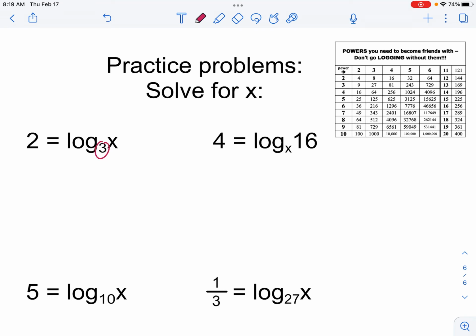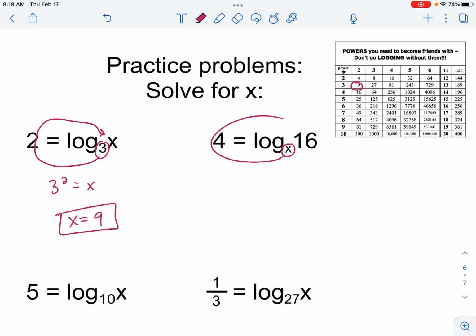All right, so this first one, zoop, 3 to the second equals x. Well, 3 to the second on this table is 9, so x is 9. The next one over, zoop, x to the fourth equals 16. So now this one's saying what to the fourth power is 16.